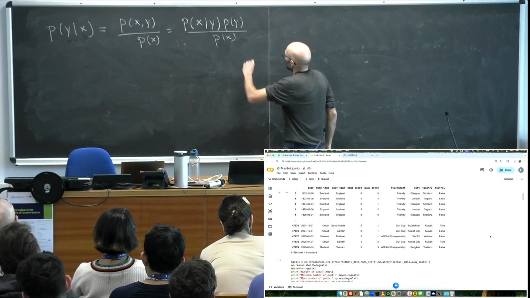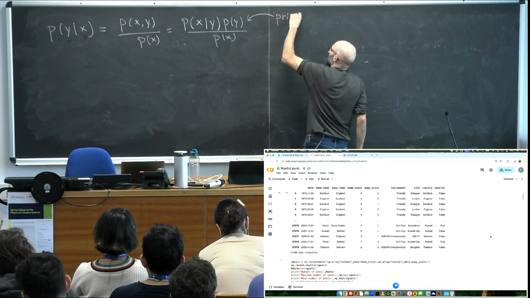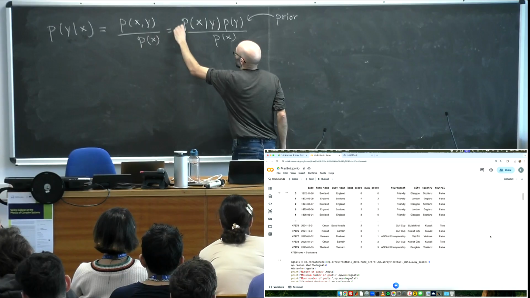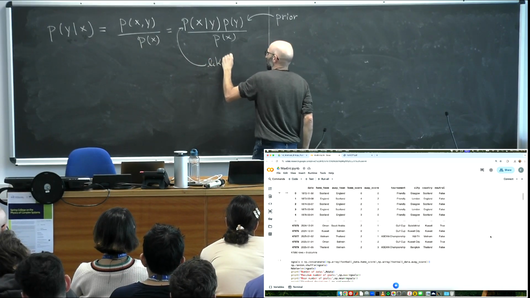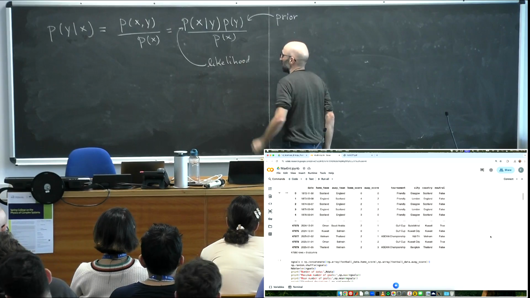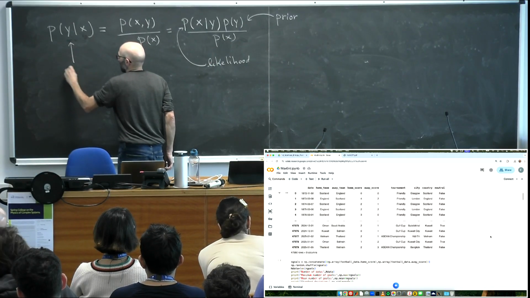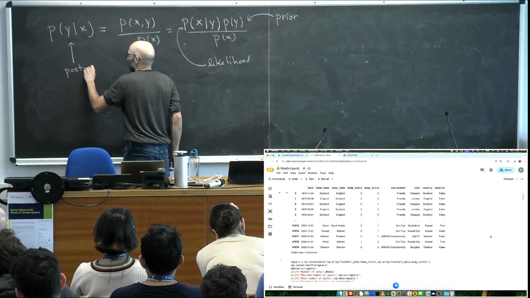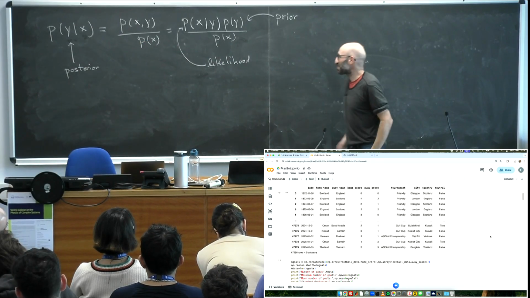So in Bayesian inference, this is called prior, and this one is called likelihood. And this one is called posterior. Why these names?